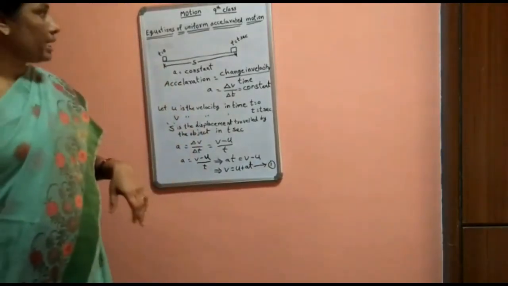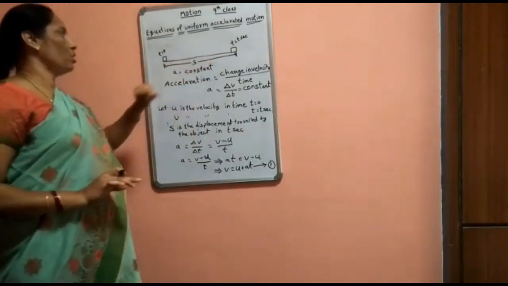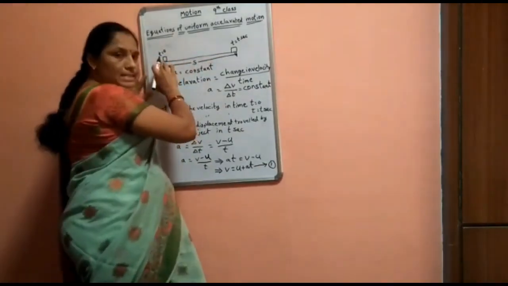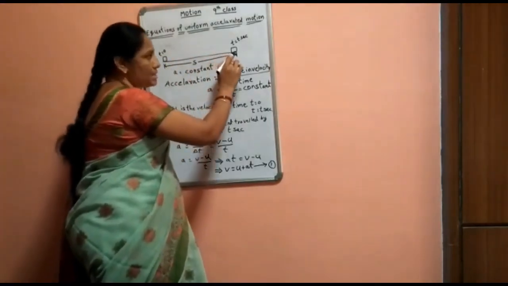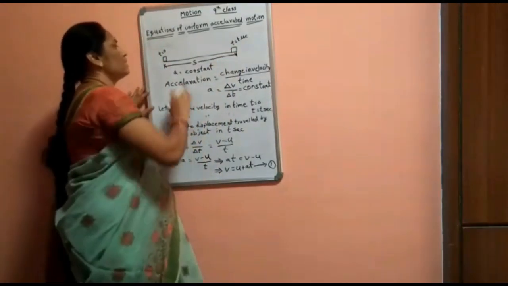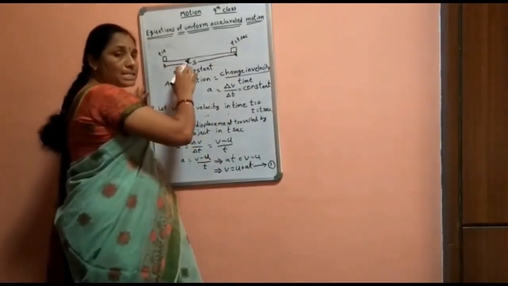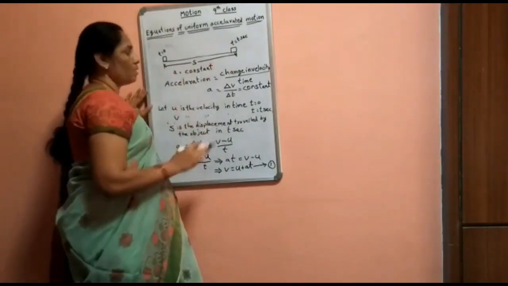Once again, an object is moving in a straight path. When the time is 0 seconds, the object is here. When the time is 3 seconds, the object is here. In 3 seconds, the object moved s meters. This is the displacement of the object.